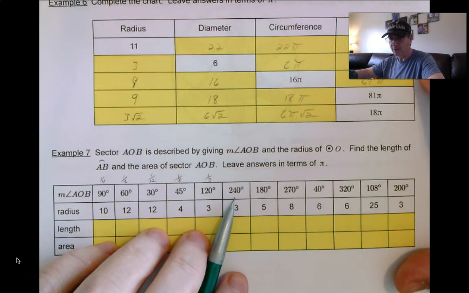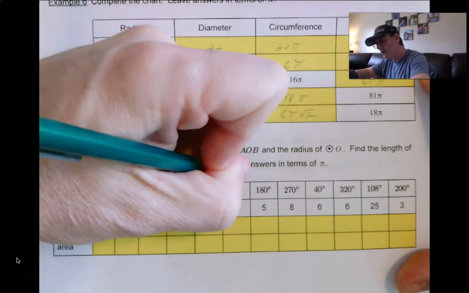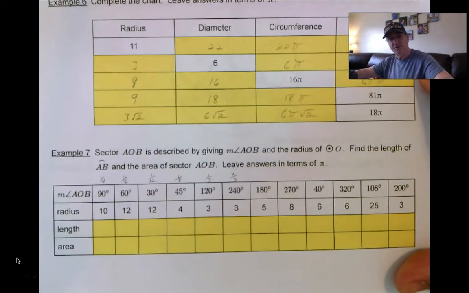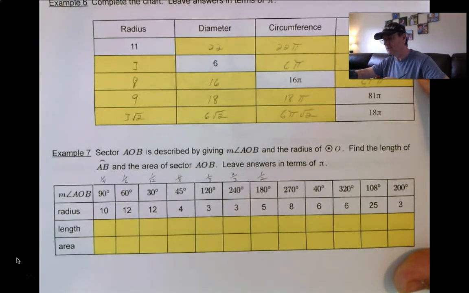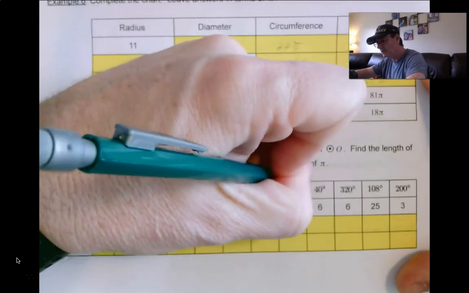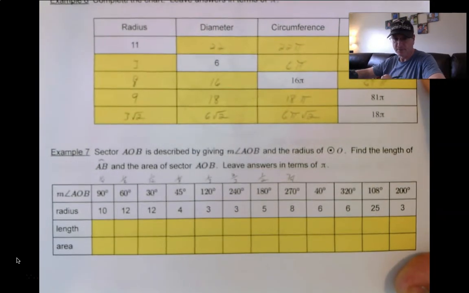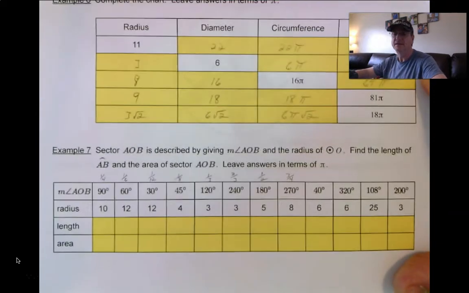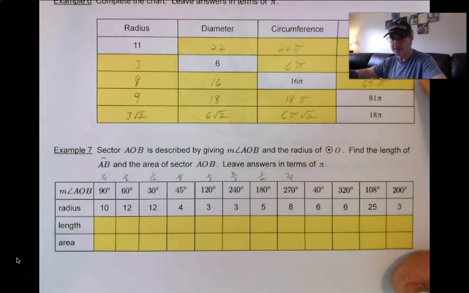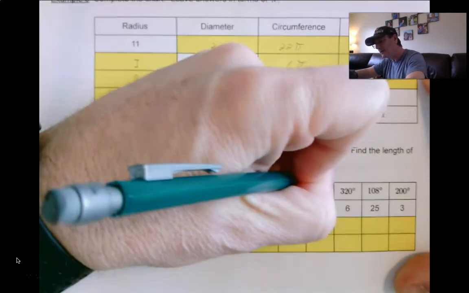They both reduce by 12. 2/3 of the circle. 1/2 of the circle is a nice easy one. 3/4 of the circle, 270 over 360. 40 over 360, the zeros cancel. 4 over 36, which is 1/9.